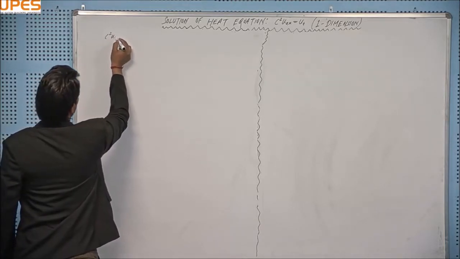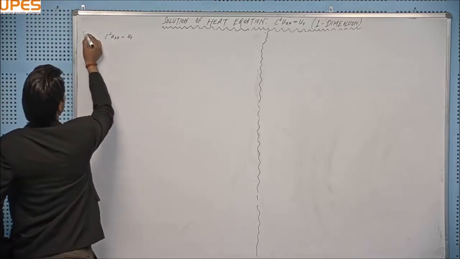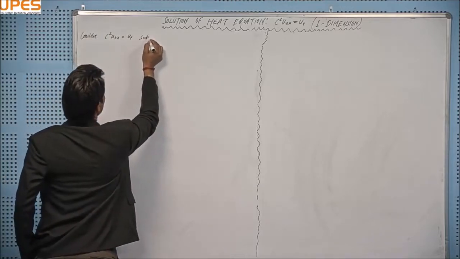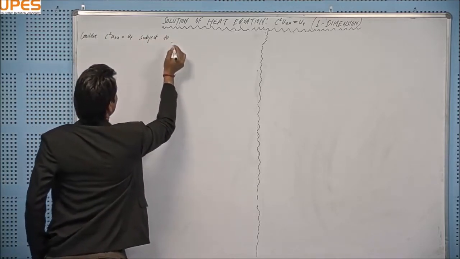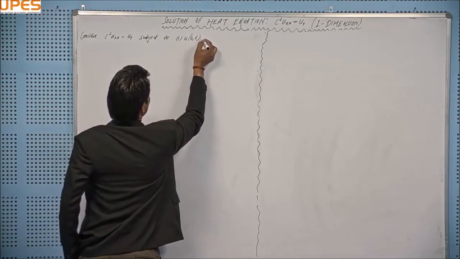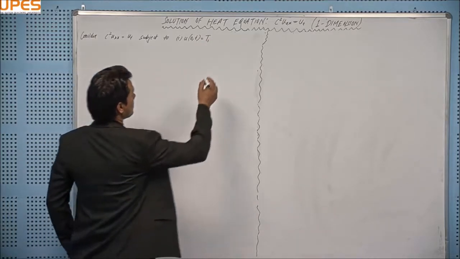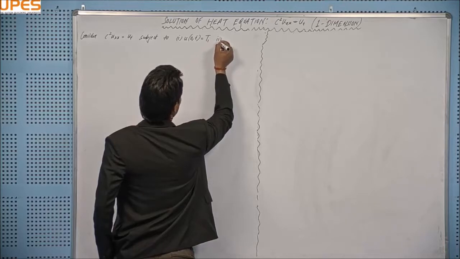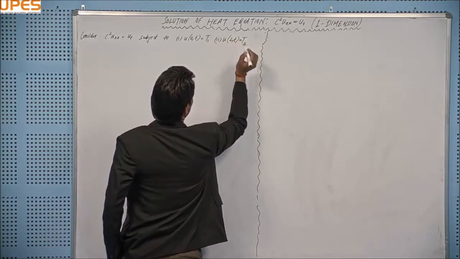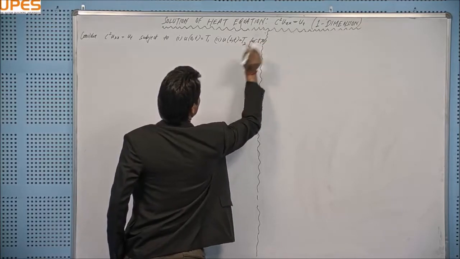c square u xx equal to u t. Consider this subject to: first, u(0, t) equal to capital T1. And u(L, t) equal to capital T2 for t greater than 0.